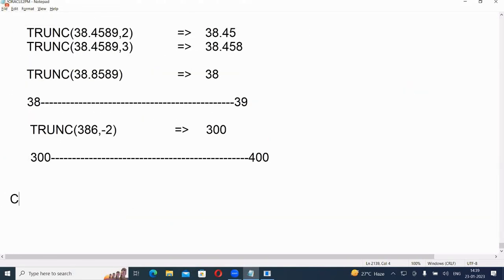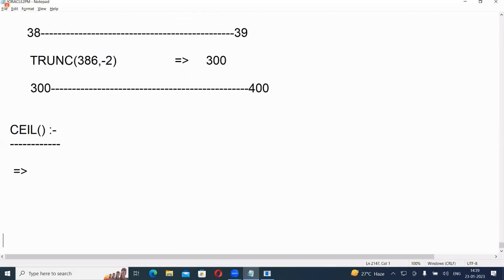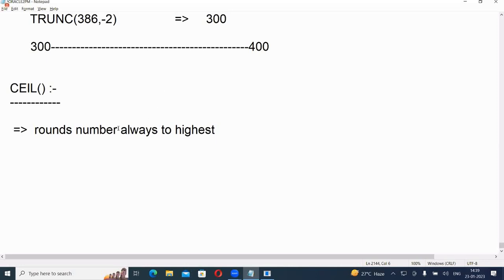Ceiling. Ceil function rounds the number always to the highest.